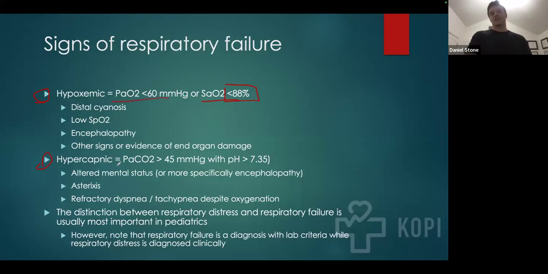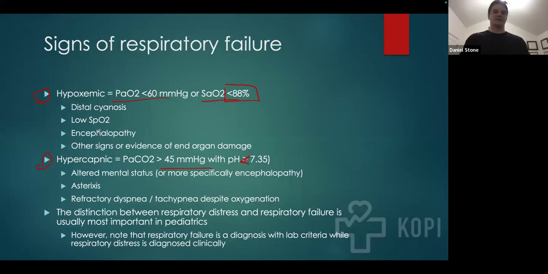And if you're talking about hypercapnic respiratory failure, patients need at least a venous or an arterial blood gas to demonstrate that the patient's PCO2 is greater than 45 and the pH is lower than 7.35.